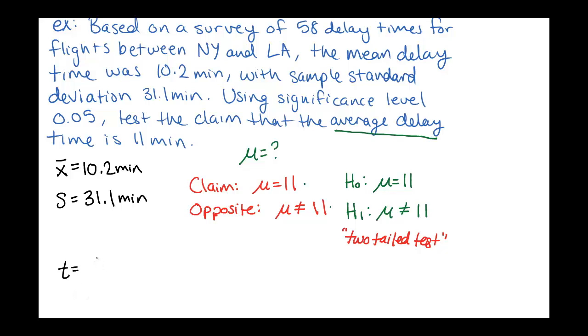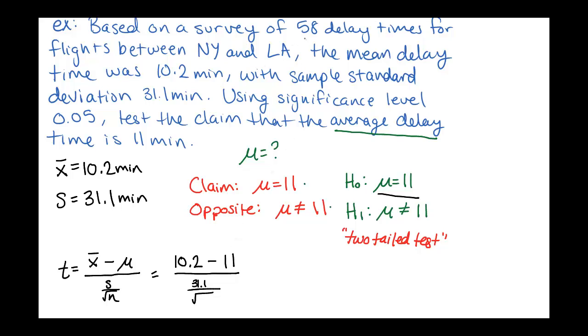And this was our x bar, the sample mean, minus mu, which again is the population mean that we're assuming for our null hypothesis, over, and then we have little s over root n. So in this case this is 10.2 minus 11, right? We're assuming that our population mean is 11 for this null hypothesis. 31.1 was our standard deviation, and n again is how many things in the sample there were.